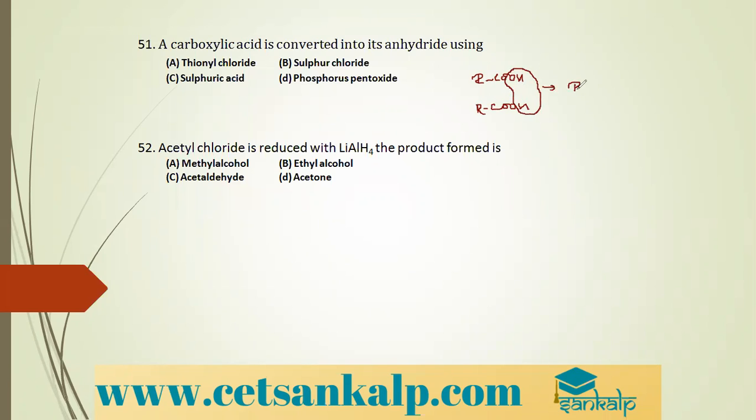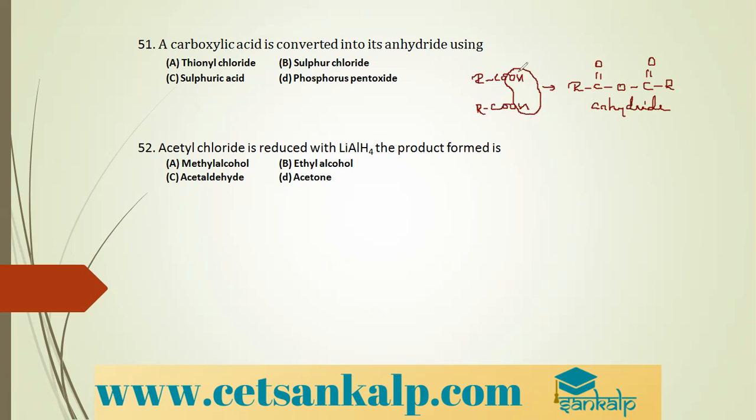So I will get R, C double bond O, then bridging oxygen, again C double bond O, and then R. This is anhydride.